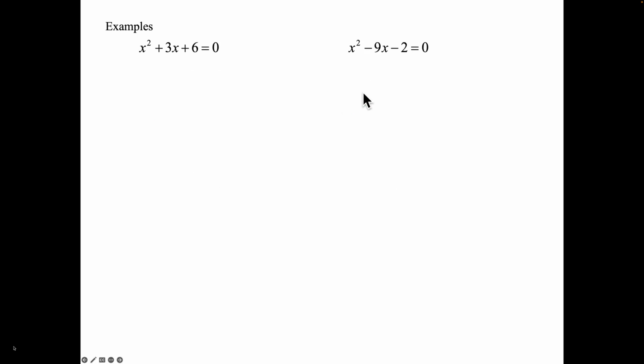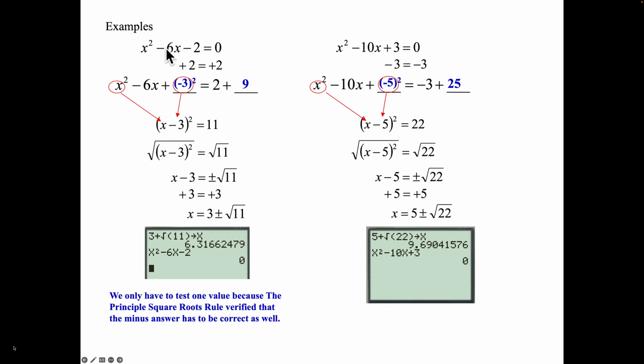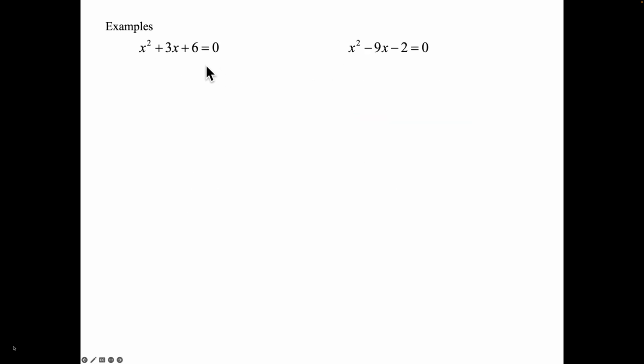All right, next. Oh, wait a minute. These might be a little more difficult because notice that our middle term was even. It was easy to divide by 2. Now my middle terms are going to be odd. Don't panic. Do the same steps. There are no two factors of 6 that add up to 3.